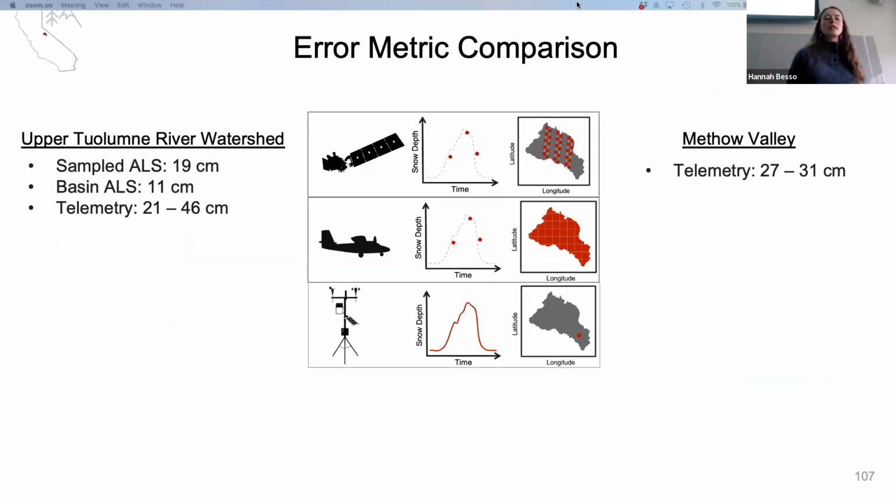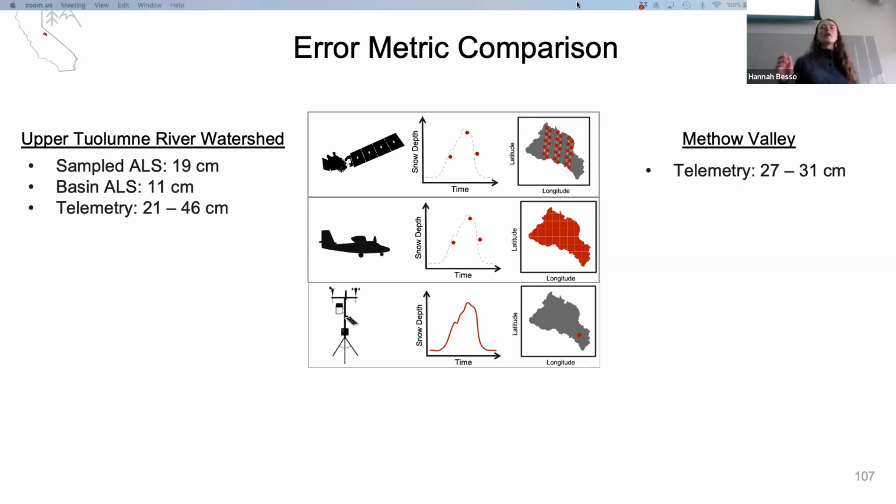To compare these two sites a bit more, we saw in the upper Tuolumne River watershed residuals of 19 centimeters for the aerial LiDAR survey that was sampled at each ICESat-2 location, 11 centimeters when compared to the snow depth in the entire basin, and about 21 to 46 centimeter residuals when compared to the weather stations.